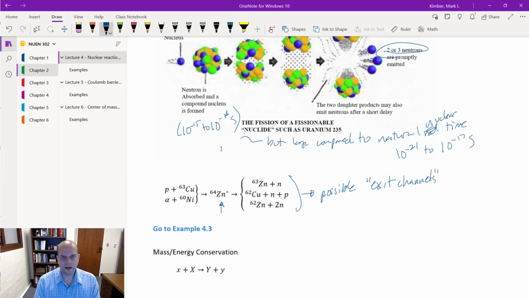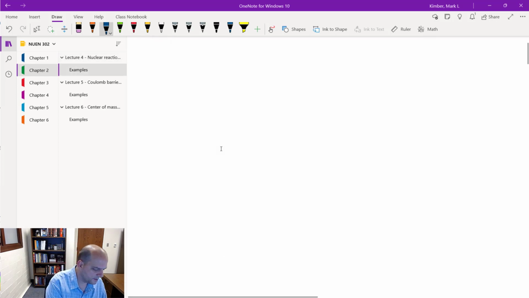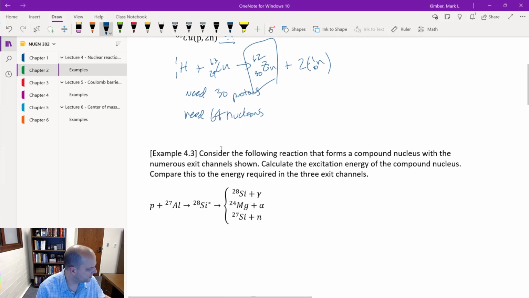And so we can look at each of these exit channels and see, eventually at the end of this lecture, you'll hopefully be armed with the ability to look at each of these and see which one's possible, which one's not, and what it would take for the ones that aren't possible to become possible. And so in that spirit, let's go to our next example.